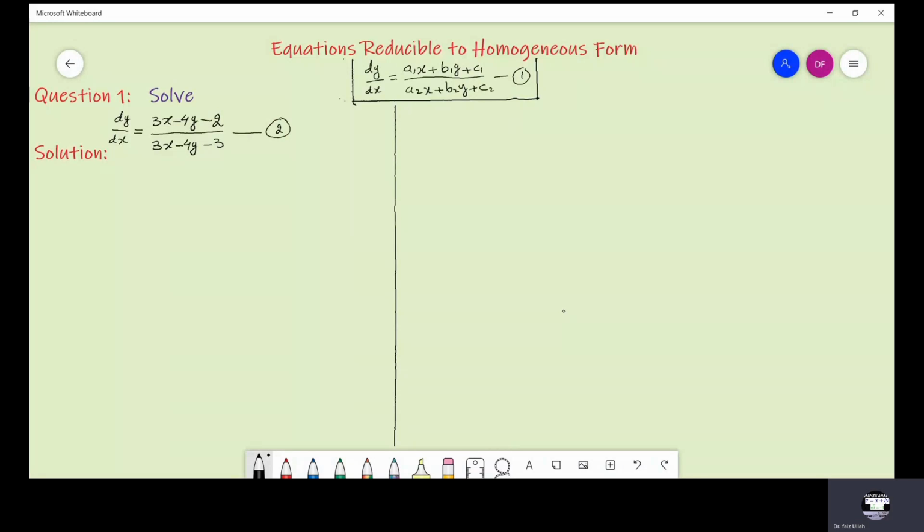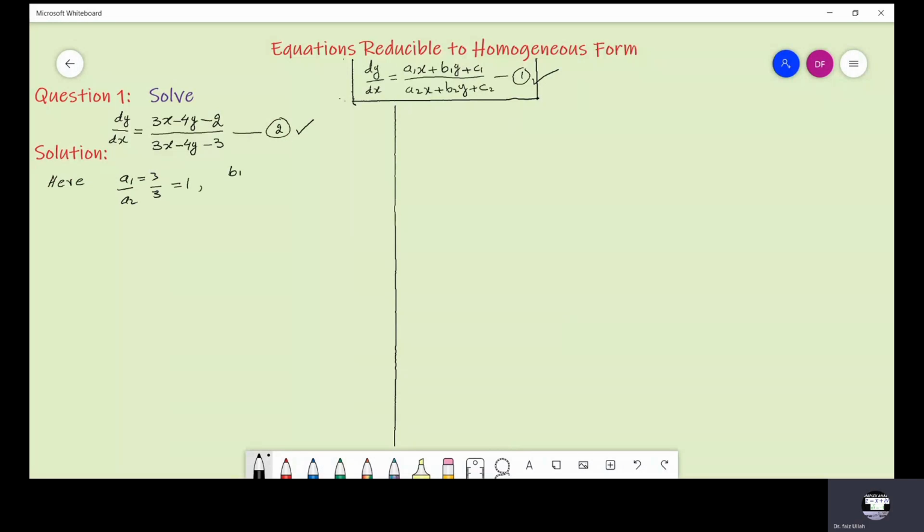We can see that equation number 2 is of the form of equation number 1. So 2 is reducible to homogeneous form. Now here a1 is equal to 3 and a2 is equal to 3. So 3 by 3 is equal to 1.